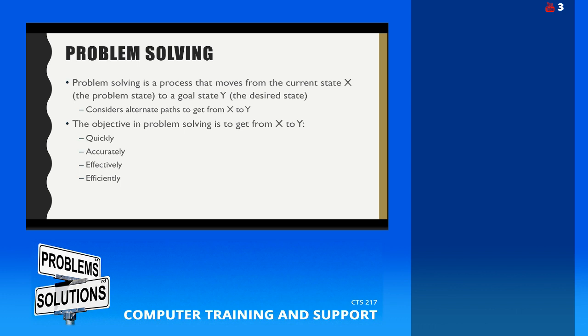Speaking of problem solving, let's talk about what problem solving is for a minute. Problem solving is a process that moves from the current state X, which is also known as the problem state, to the goal state Y, which is the desired state.